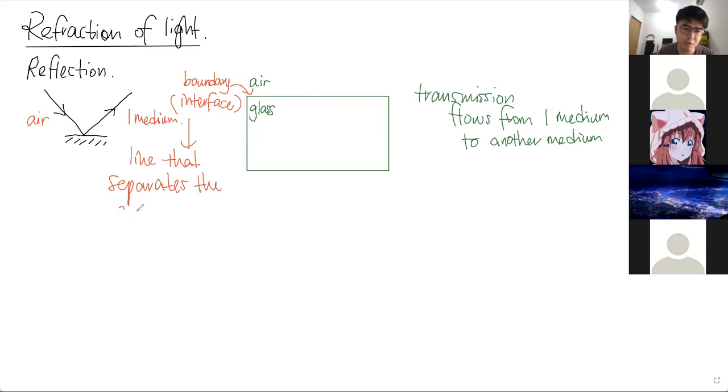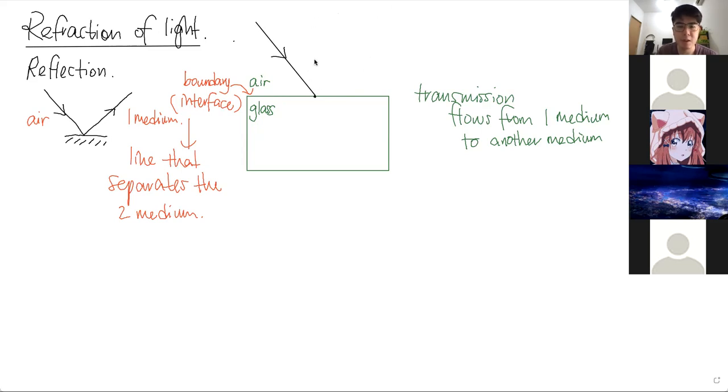Okay, so what happens when light travels from air to glass? Let's see. Now we have an incoming light coming here. Remember, this is a ray, so we have to draw an arrow for the direction. It strikes this point, and we can draw our normal.